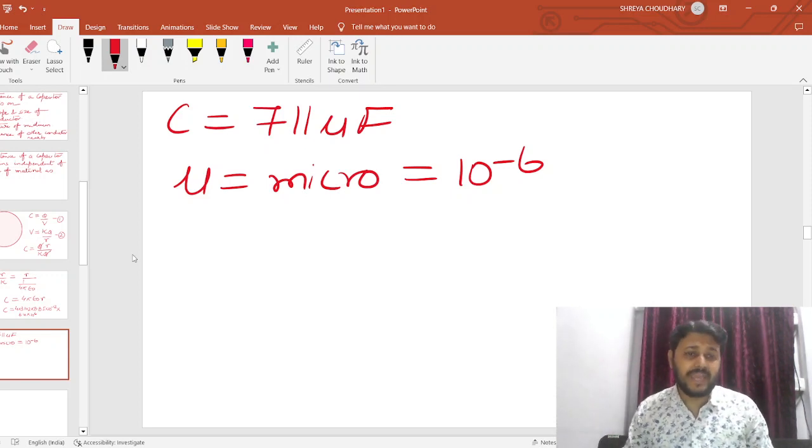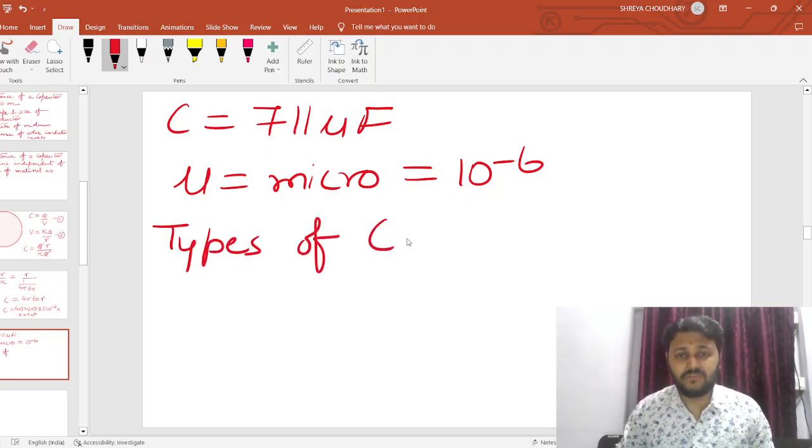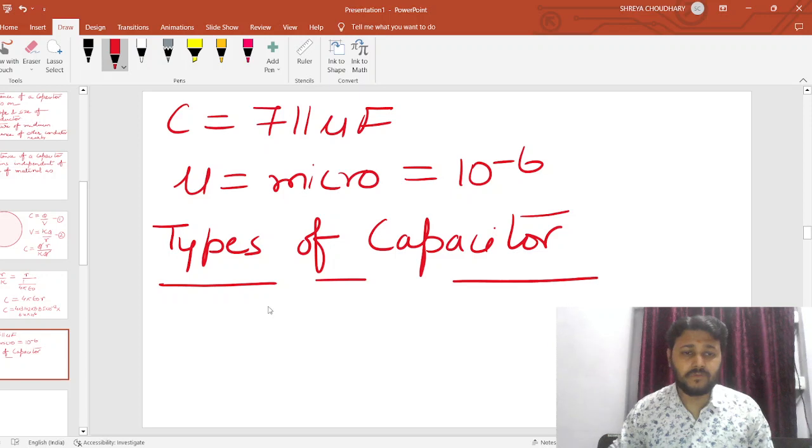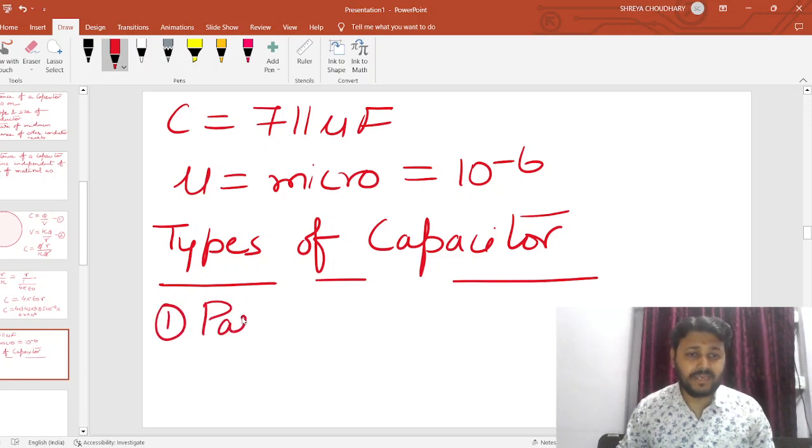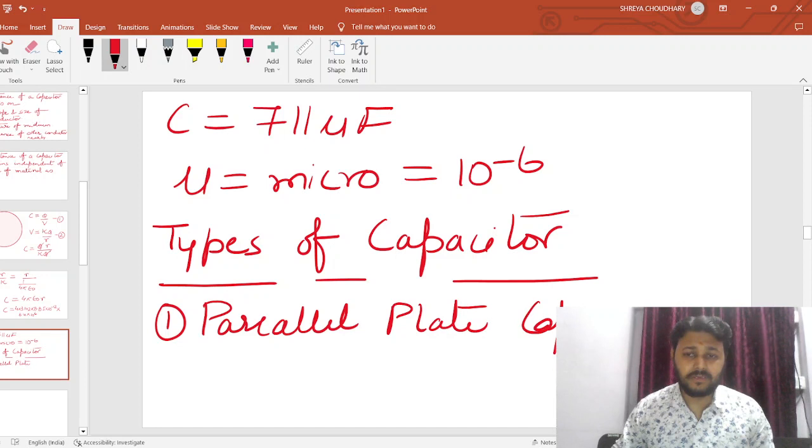Okay, so the types of capacitor, let me write down. Types of capacitor. So the first one is your parallel plate capacitor.